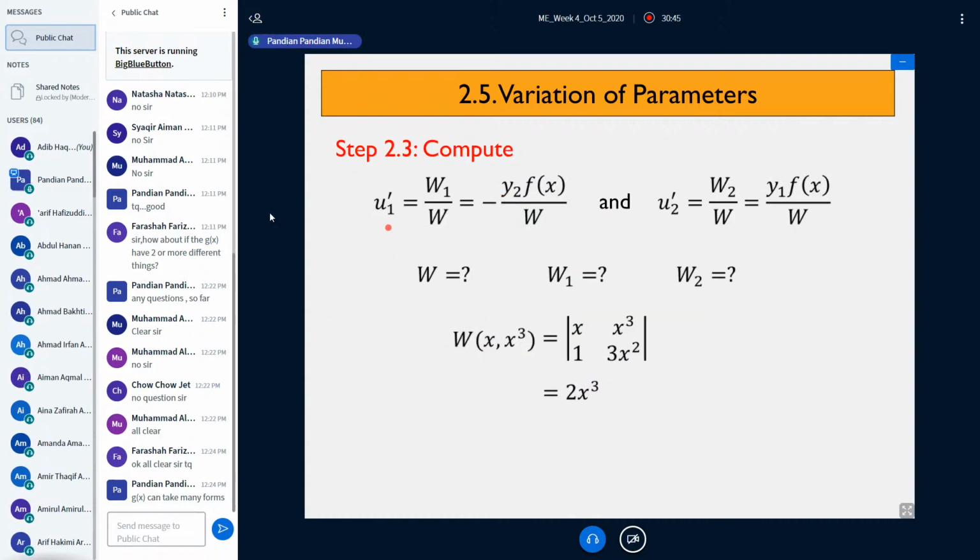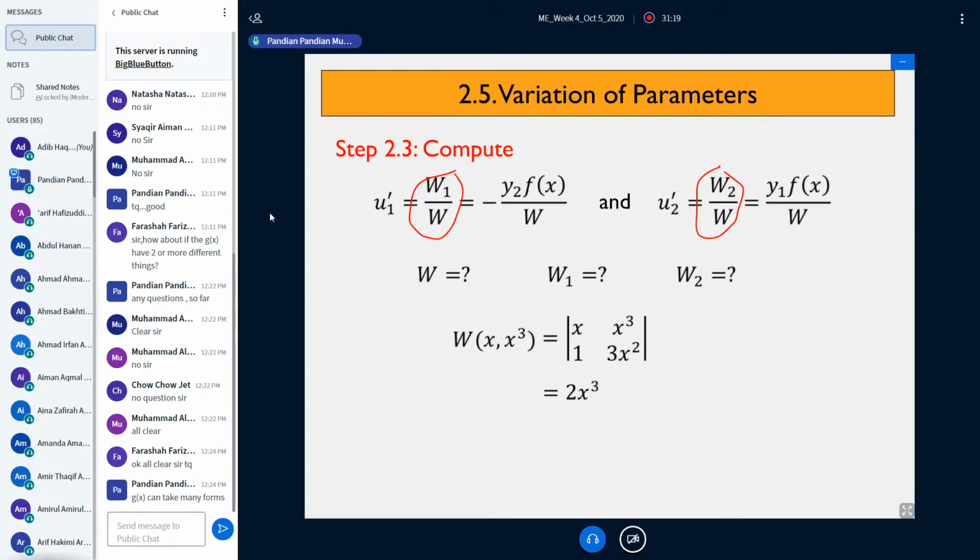Now we want to create u1 dash, u2 dash. So you need to find W1, W, W2, W. Of course, you can write u1 dash equals minus y2 f(x) divided by W, u2 dash equals y1 f(x) divided by W, or you just write W1 divided by W, W2 divided by W. You must memorize this.